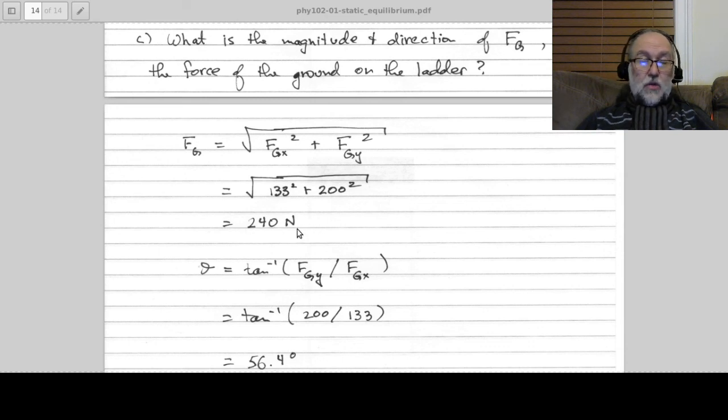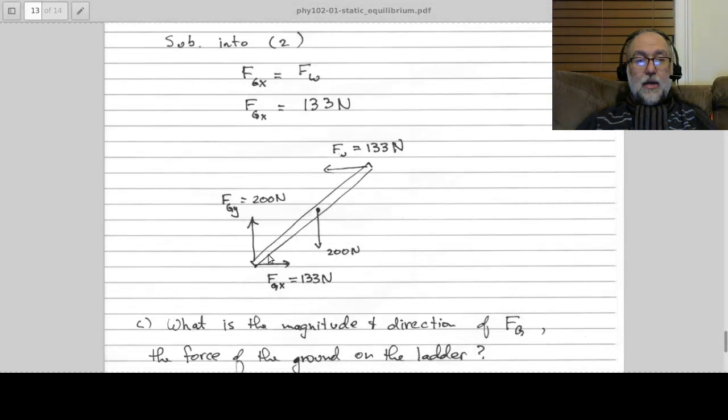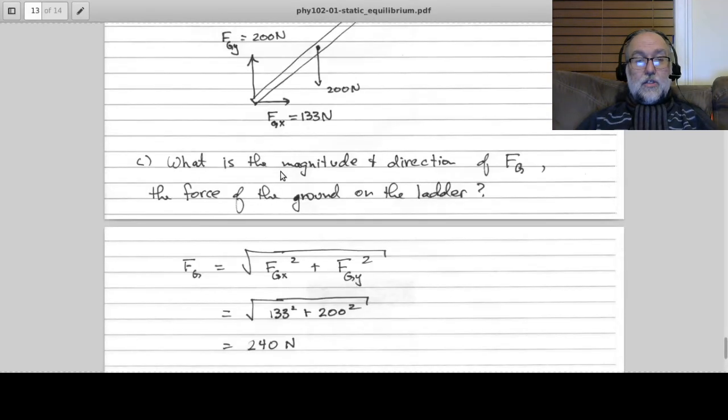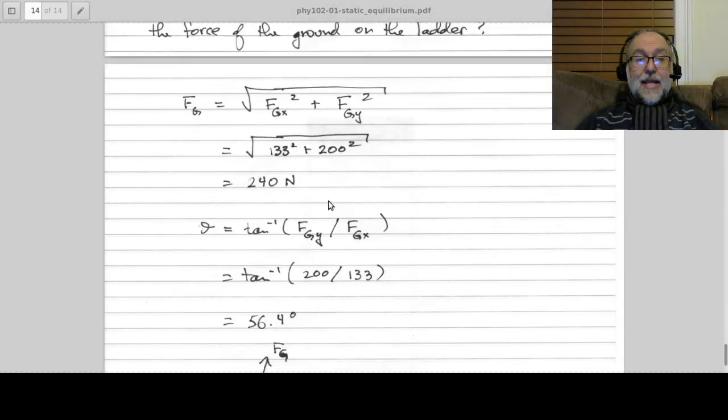So the ground is pushing with 240 newtons. If you take a look up here at the diagram, it's pushing up with 200 newtons and to the right 133 newtons, but those two combined are 240 newtons of force. And the angle is going to be the inverse tangent of the y component divided by the x component.